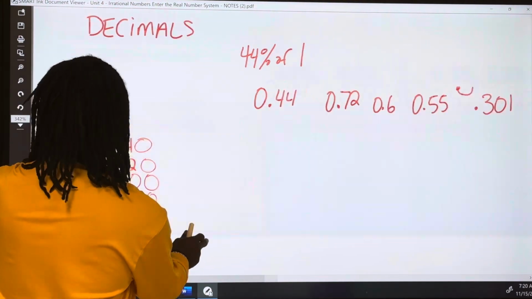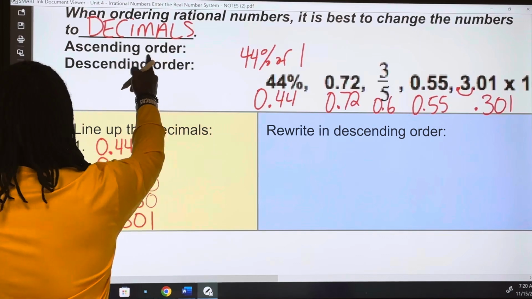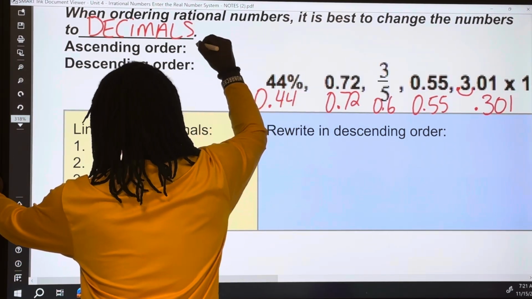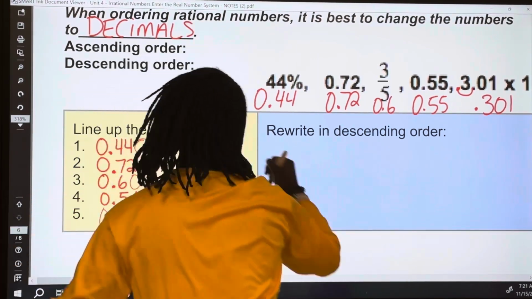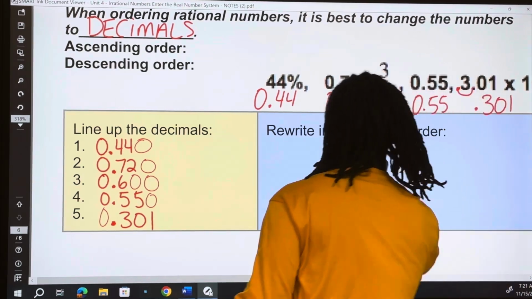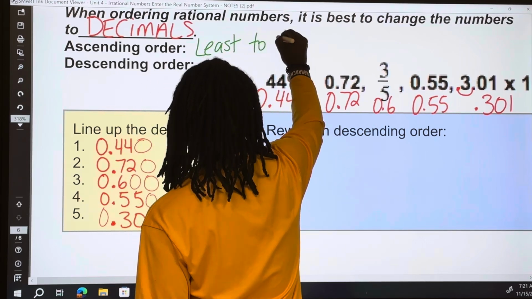And that makes it really easy to determine which one is greatest or which one is least. I actually forgot to say this, but ascending order means from least to greatest.